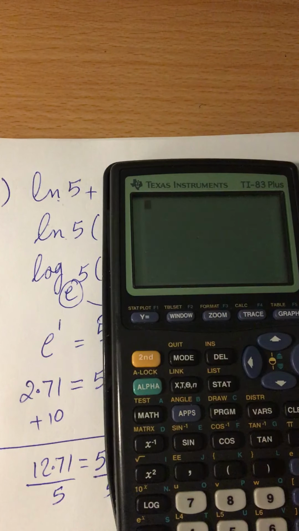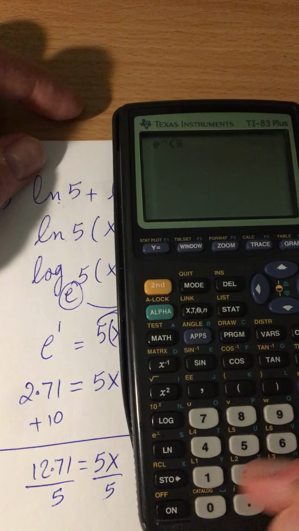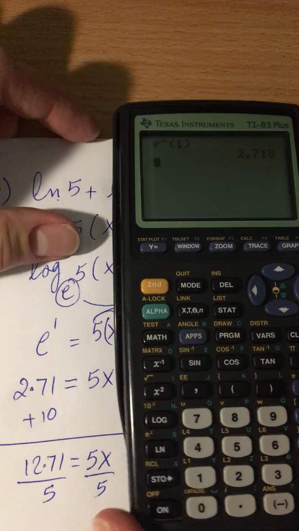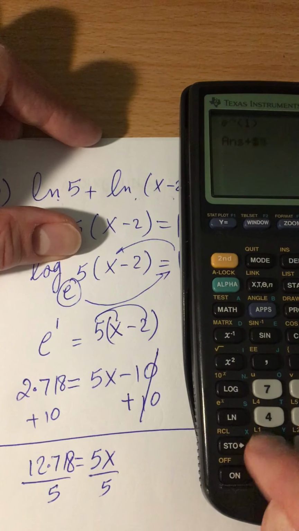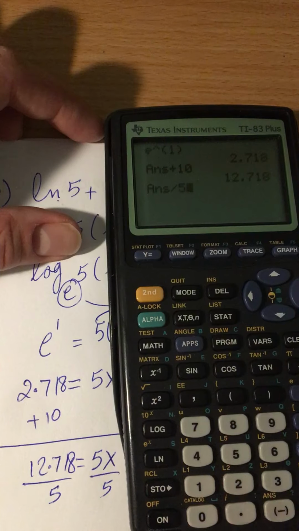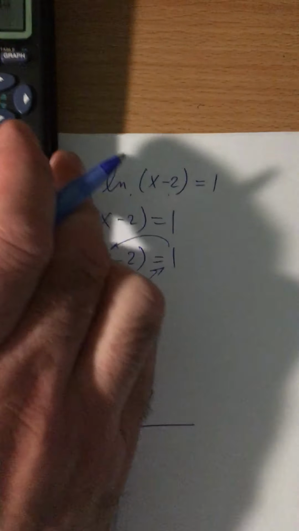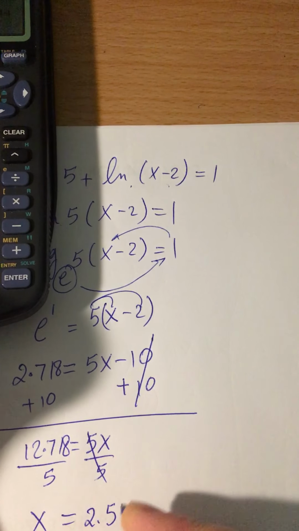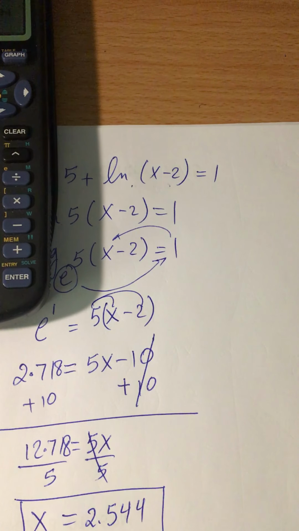That was e to the power of 1. Well, it's 2.718. Plus 10, that gives me 12.718 divided by 5. So what do we get for the answer? The answer is 2.544. So we solve the equation for x.